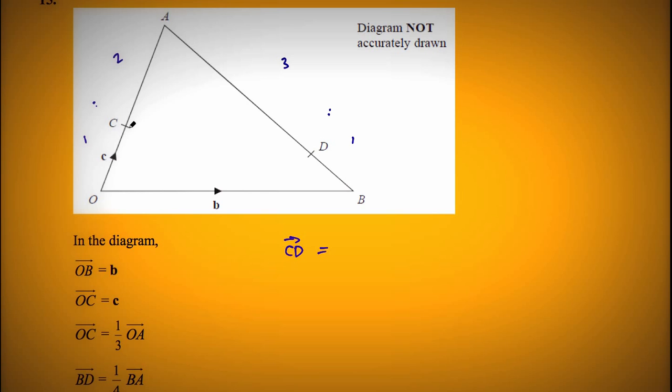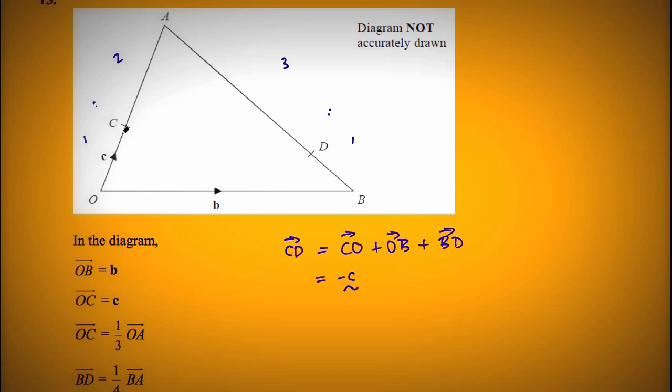a route I could do to get to CD would be to go CO plus O to B plus BD. CO I can replace with the vector minus C, it's going in the other direction.